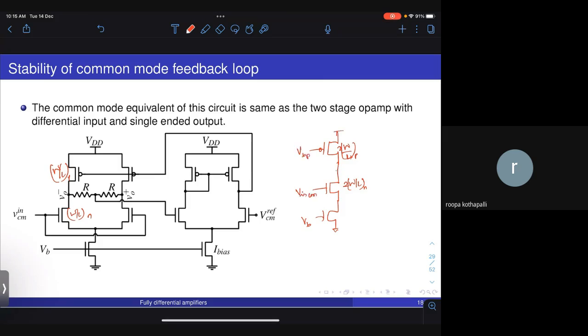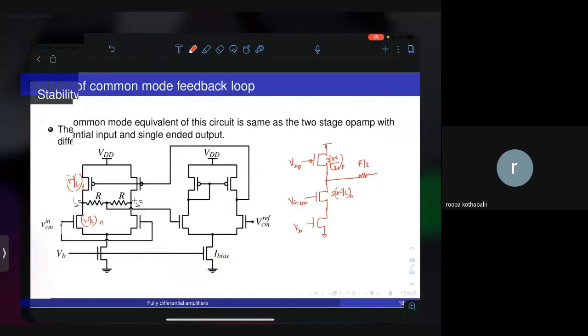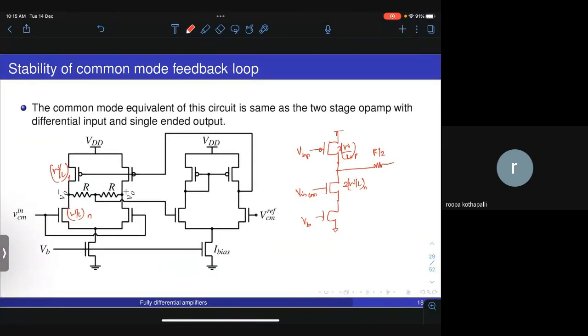And from here you have a resistance of R by 2. Basically, these two branches are driving this particular node through a resistance R. Both the branches are identical, therefore I can combine them and draw an equivalent circuit which looks like this.